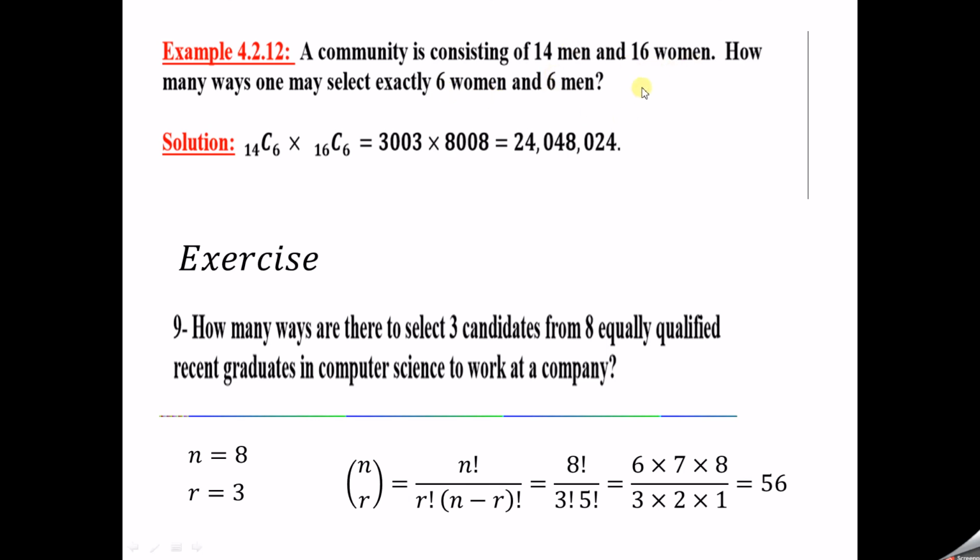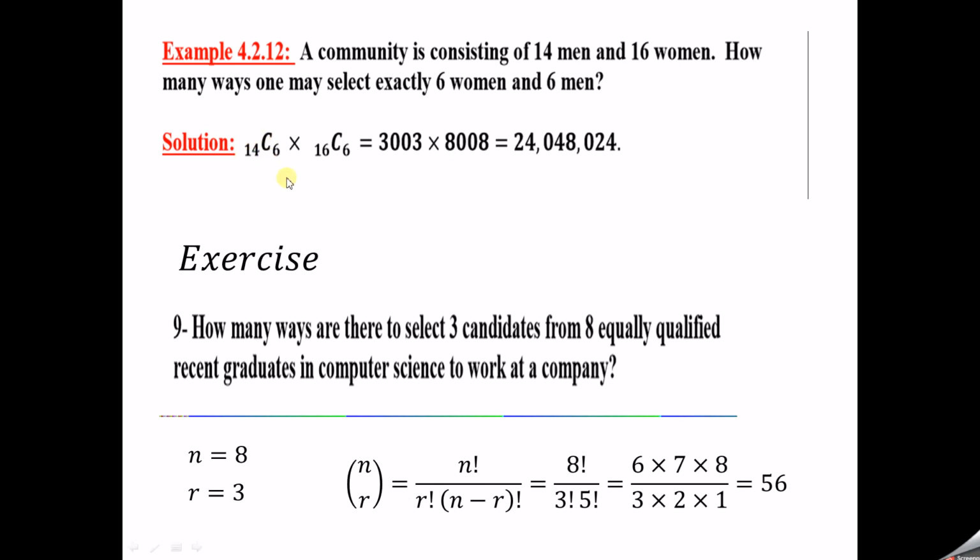So both together, how will it happen? We use the product rule here. The number of ways of selecting both 6 men from 14 men and 6 women from 16 women together is 14C6 times 16C6. The first is the selection of 6 men from 14 men, the second is the selection of 6 women from 16 women, and for both to happen, you use the product rule.